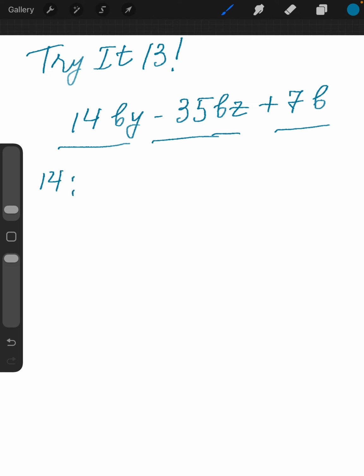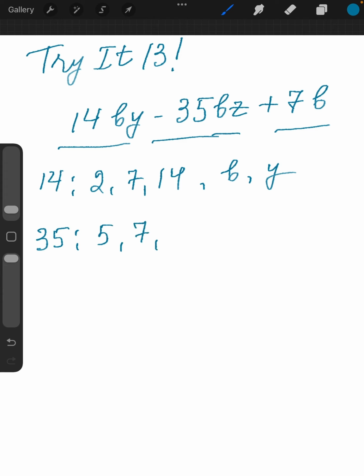Let's factorize 14. 14 is divisible by 2, 7, and 14. And of course, we also have b and we have y, right? Then we have 35, and 35 is divisible by 5, 7, and 35, and then it has a b and a z, right? And then 7b, of course, is divisible only by 1 and by 7, and b.